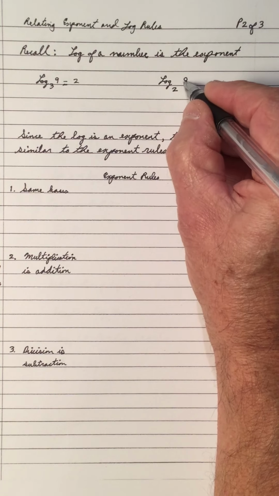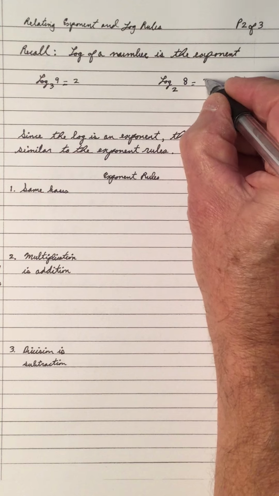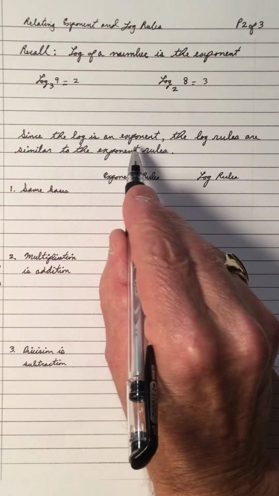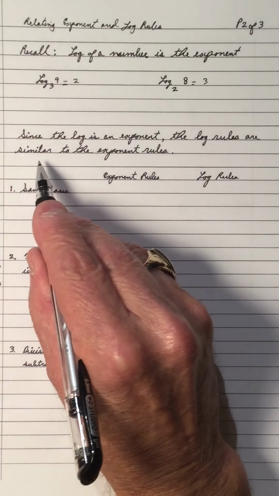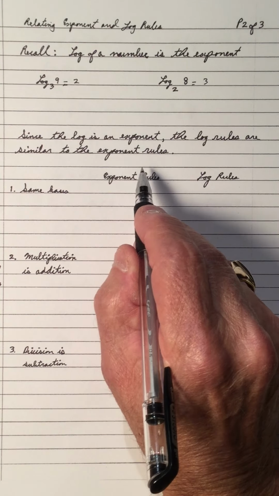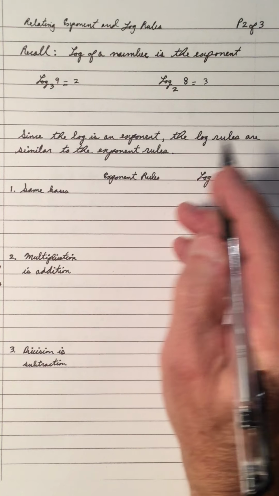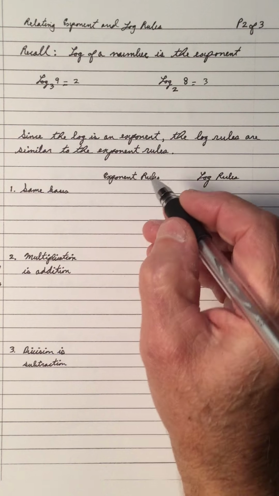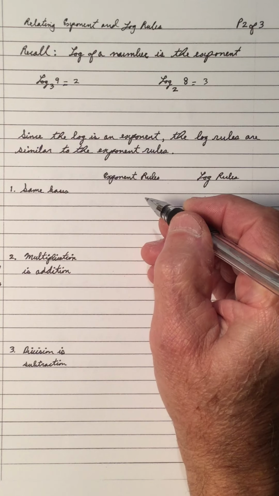And the log of 8 base 2 is 3, because 2 cubed is 8. Since the log is an exponent, the log rules are similar to the exponent rules. Let me explain that, because this is the way I learned it when I was doing logs and exponentials first.